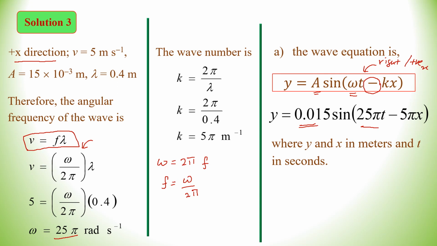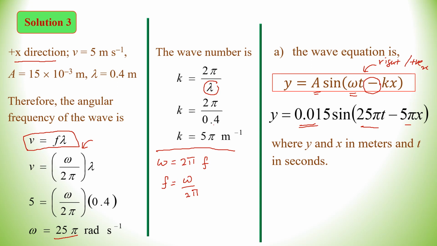Next, how to find wave number? We know the formula for wave number: k equals to 2 pi over lambda. So what is your wavelength? 0.4 meter. Rearrange the equation, simplify. So 2 pi over 0.4, 2 divided by 0.4, the answer is 5.